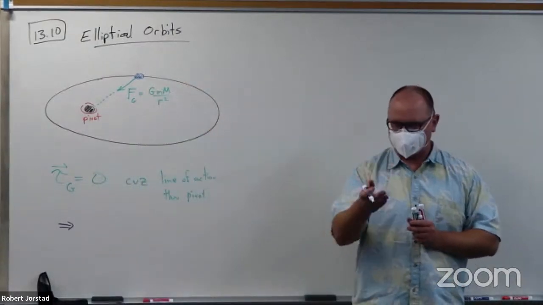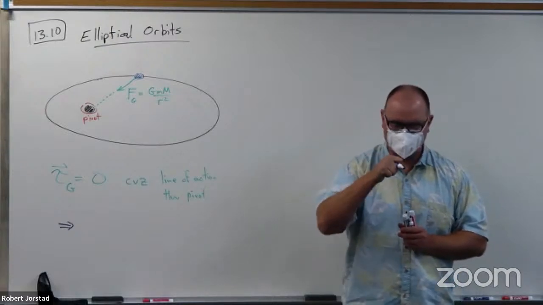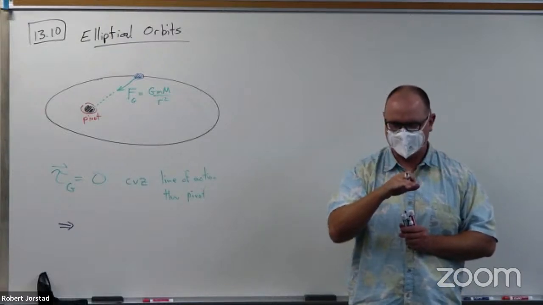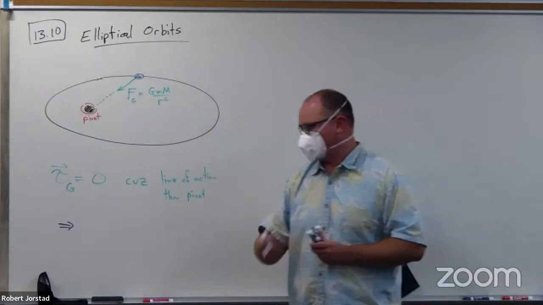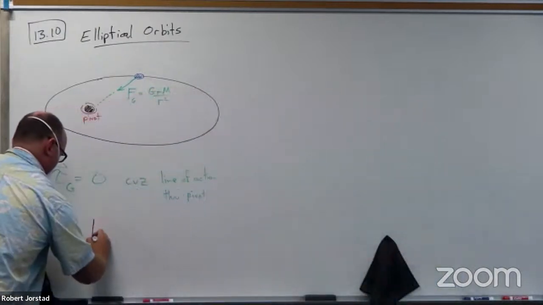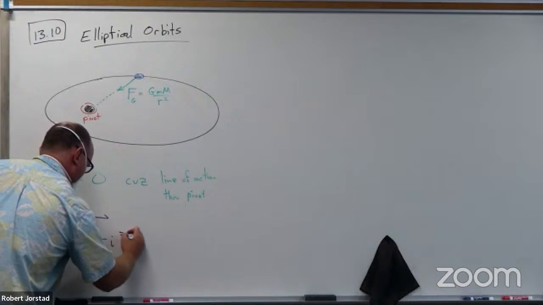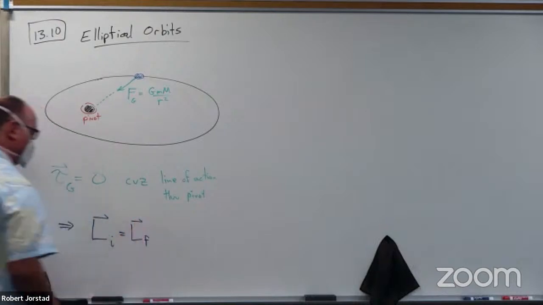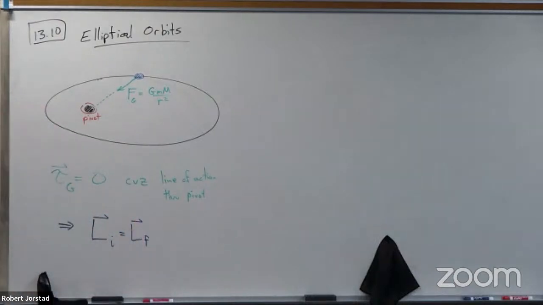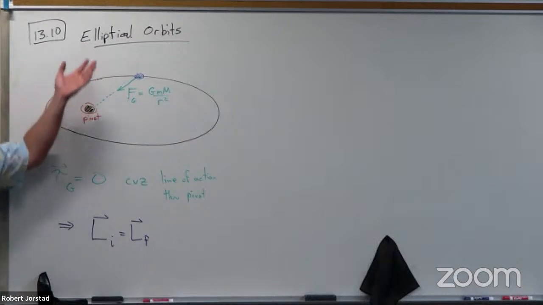If force is equal to zero, momentum is conserved. Okay, so that's saying angular momentum is conserved. So the way you could handle elliptical orbits is angular momentum.